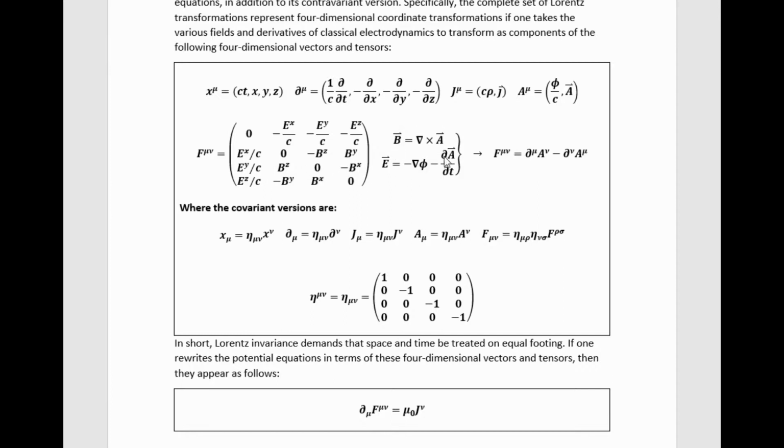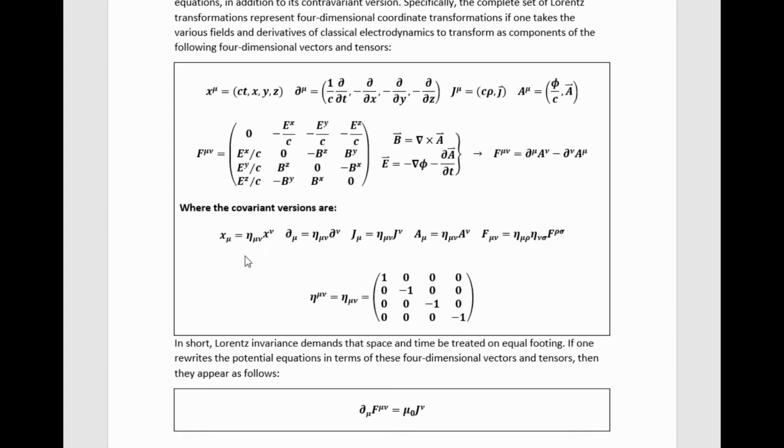We can take a look at the formulas for the electric and magnetic fields in terms of the scalar potential and the vector potential, and also realize that both the derivatives and the potentials fit together into 4-vectors, and arrive at this formula for this F mu nu tensor, often called the Faraday tensor, in terms of the 4-vector derivatives and 4-vector potential.